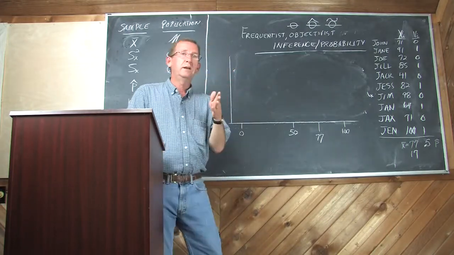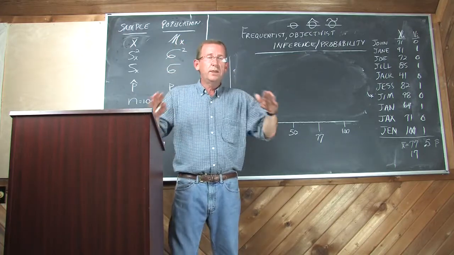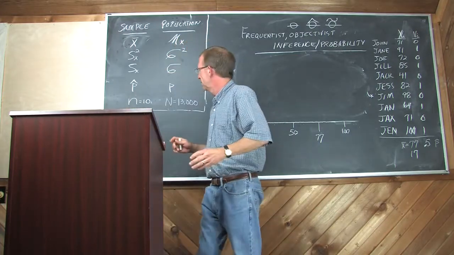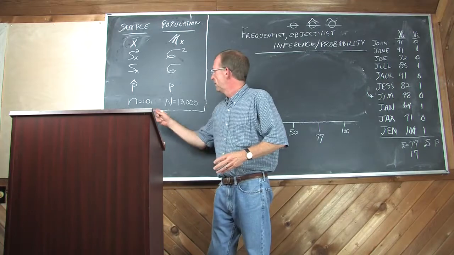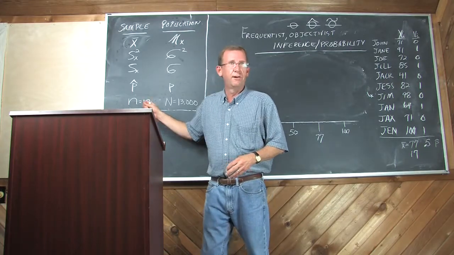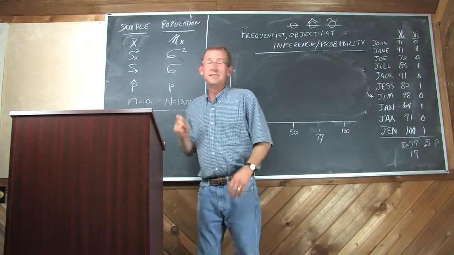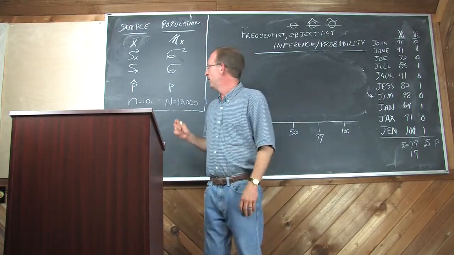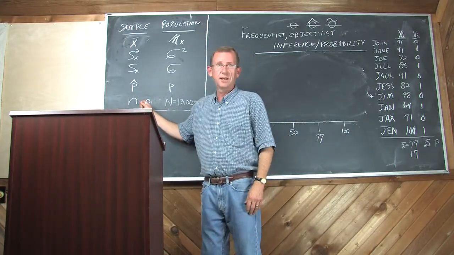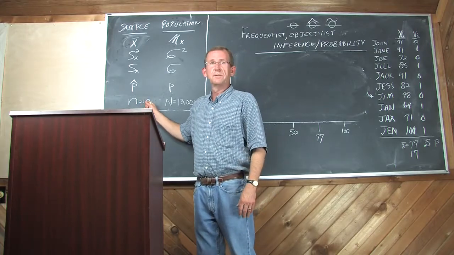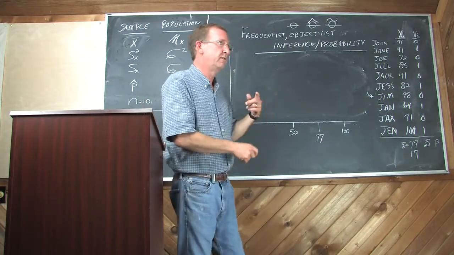What I want to build here is an interval within which 95% of the x bars of n equal 10 will fall. I'm going to build an interval within which 95% of the x bars from n equal 10 will fall.